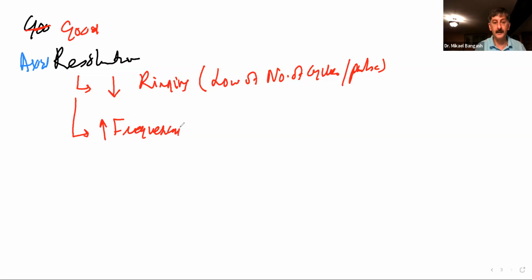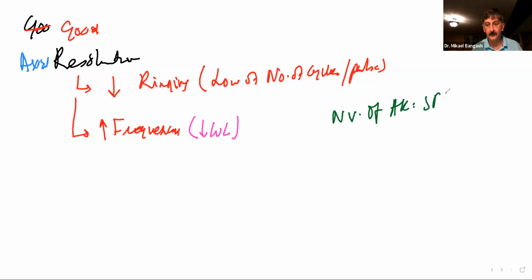Now, what we can indirectly take from this high frequency is that we will have a low wavelength. And the numerical value for the axial resolution is mainly your spatial pulse length divided by 2.